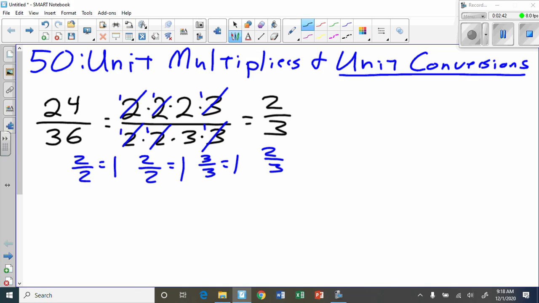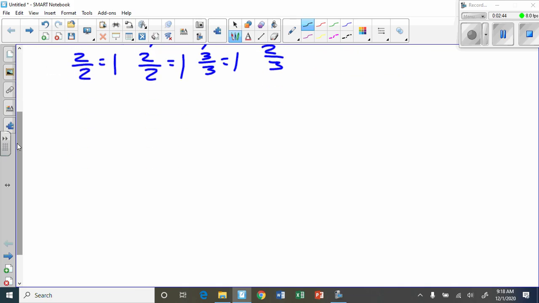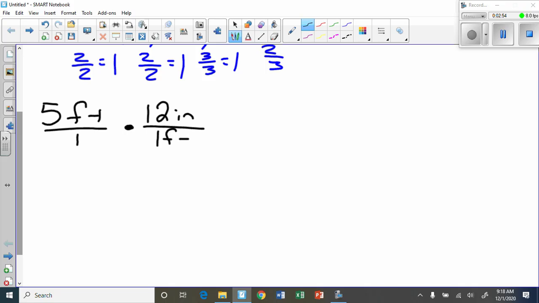So now, 5 feet over 1 times 12 inches over 1 foot. If I wanted to multiply these numbers, we multiply the top: 5 times feet times 12 times inches over 1 times feet.